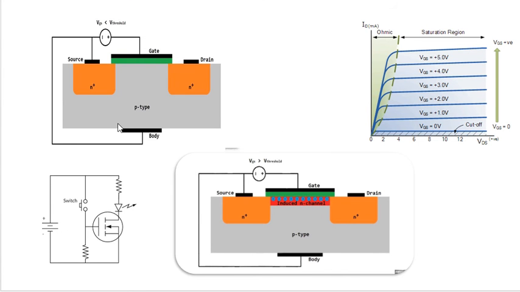So this is an n-channel enhancement MOSFET, and here we have n material near the drain and at the source, and this complete area is covered with p-type substrate. So in this case you can't see any conducting channel between the source and drain, there is nothing. If you want to start conduction, we have to create a channel in between, and to create that channel we have to provide a gate of positive potential, which should be higher than the threshold voltage of that particular MOSFET.